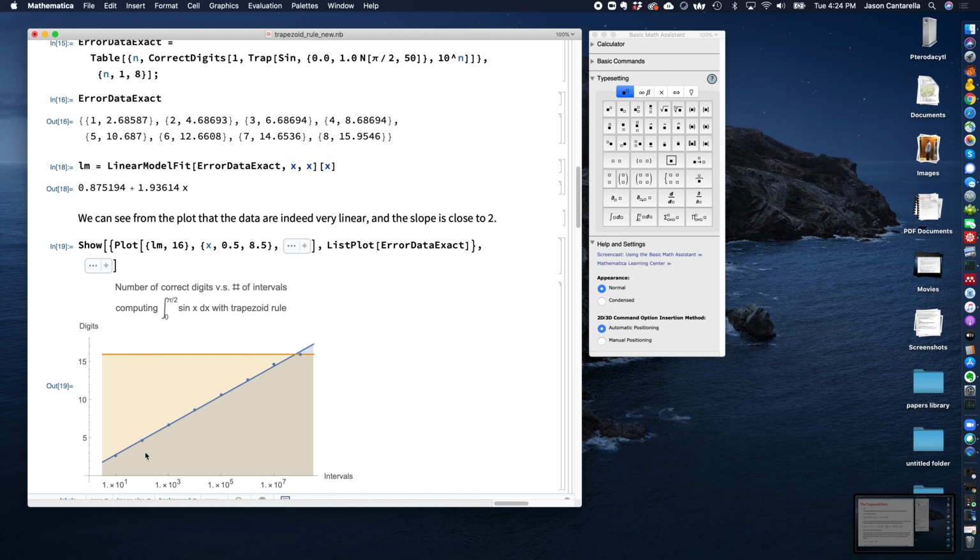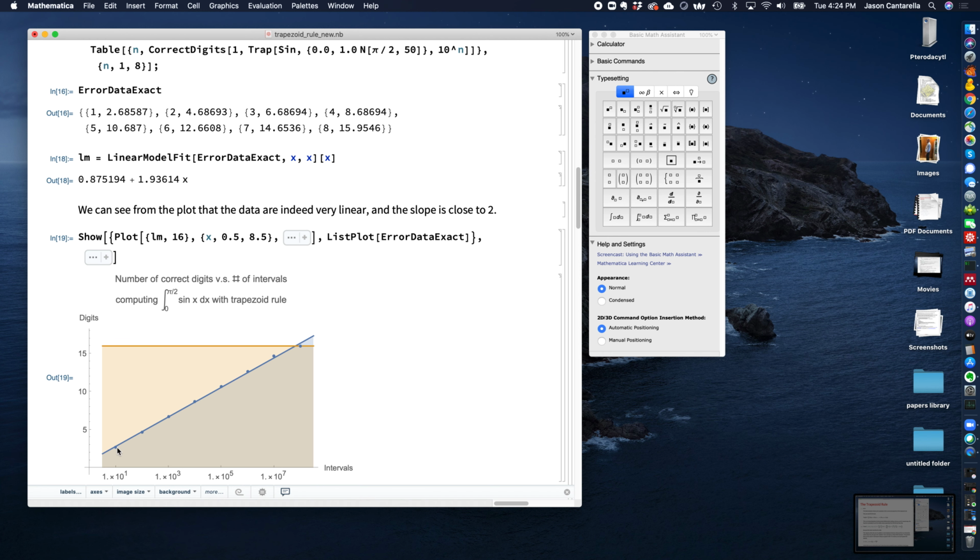You can see that the actual data, that's these dots, is pretty close to the linear fit, which is this line, the linear model, and that it tops out right around 16. Here the number of intervals is 10, 1,000, 100,000, and so forth.